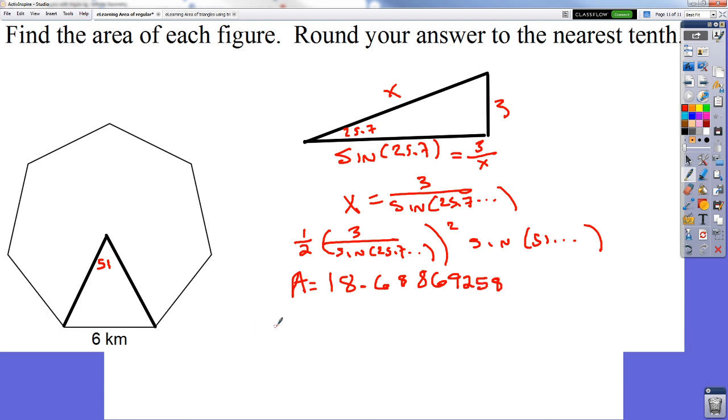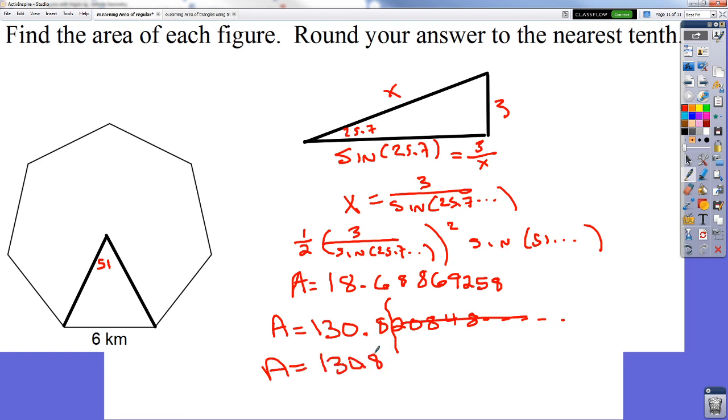That's one triangle, and then there's 7 of them, so times 7. You get area equals 130.820848, and we round to the nearest tenth. This goes away because that 2 is too small, so we get a final answer of 130.8 kilometers squared.